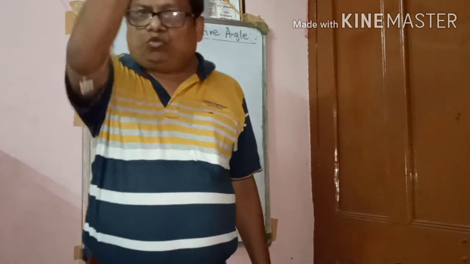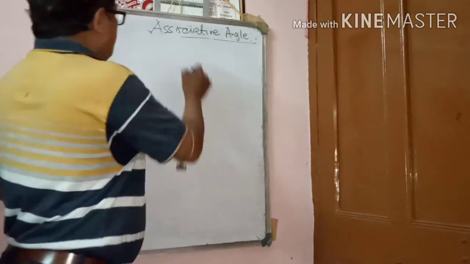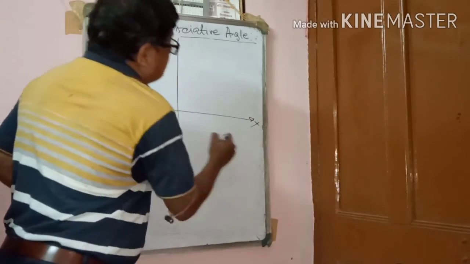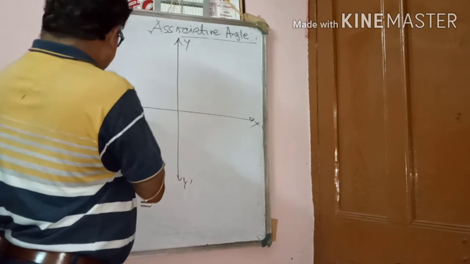When we have to draw the graph, we have to consider two perpendicular axes. See here also, I am drawing two perpendicular axes. This is the x axis, this is the y axis, this is x dash.